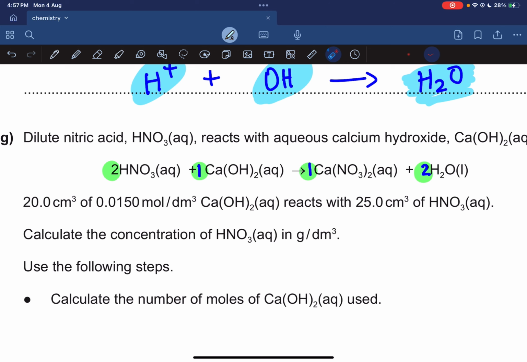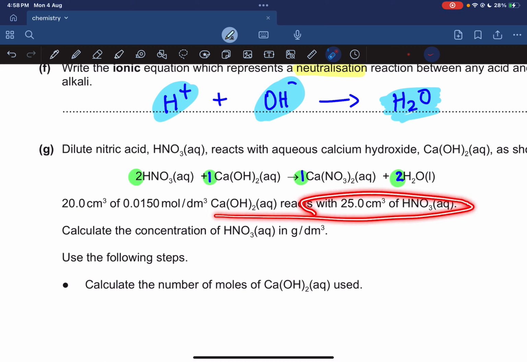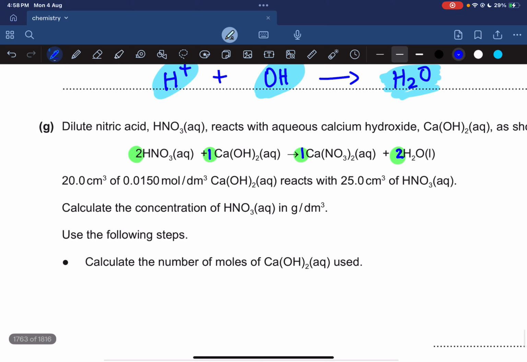Okay, 20 cm³ of 0.0150 moles per dm³ calcium hydroxide reacts with this volume of HNO3. Calculate the concentration of HNO3. Easy peasy lemon squeezy. Let's just do it. We have to calculate the moles of this. So moles equals your concentration 0.0150 times your volume, which is 20 divided by 1000.